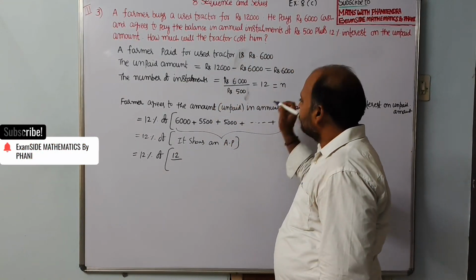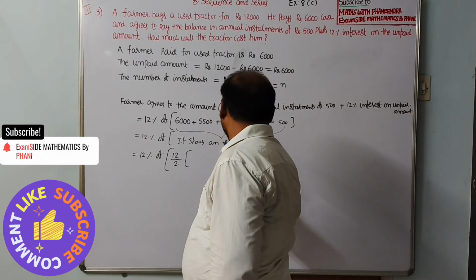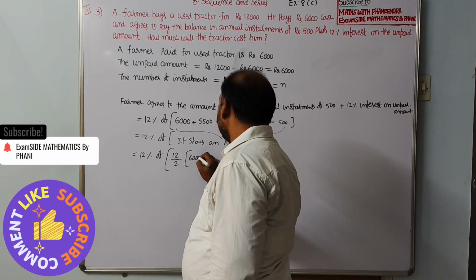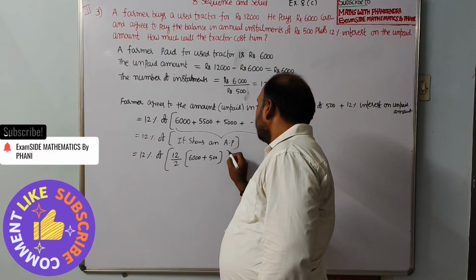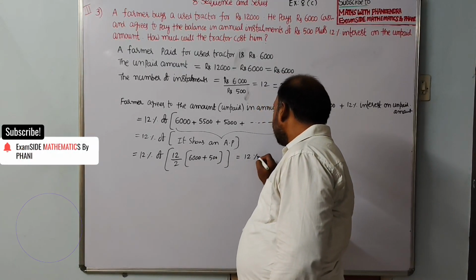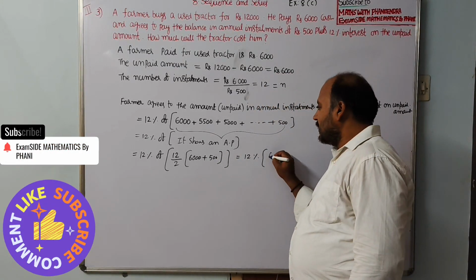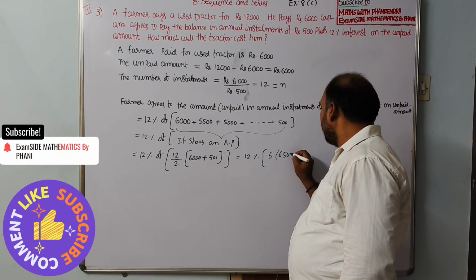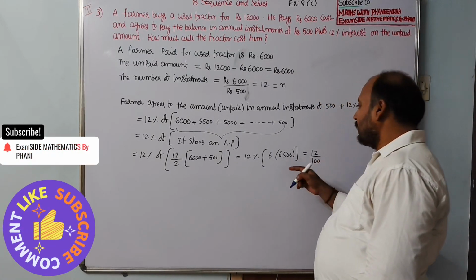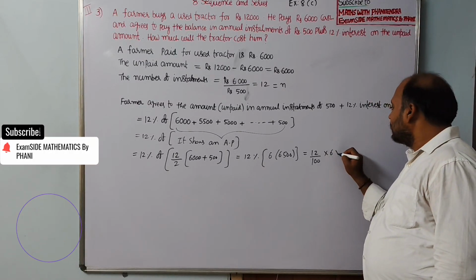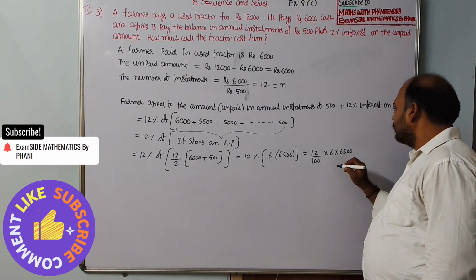This is equal to n, dear students. n by 2 into a plus l. a is the first term 6,000 plus l is the last 500. So which is equal to 12% of 6 into 6,500. So 12% means 12 by 100 into 6 into 6500.